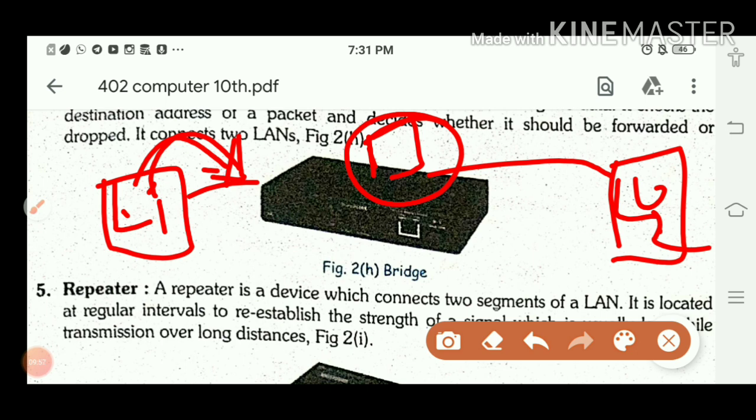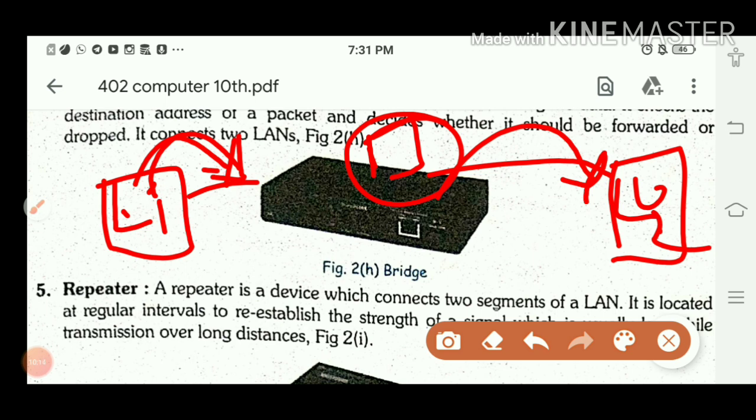The bridge has the power to find whether a packet is suitable and should be forwarded or dropped. If the packet is okay, meaning the data is not corrupted, then it will take that packet and transfer it to LAN 2.